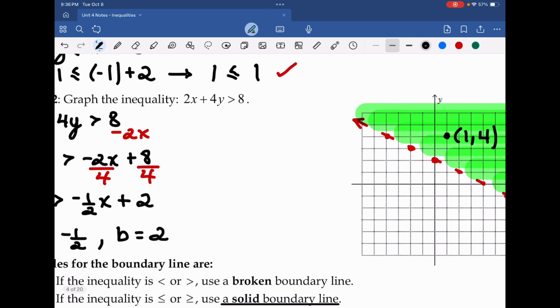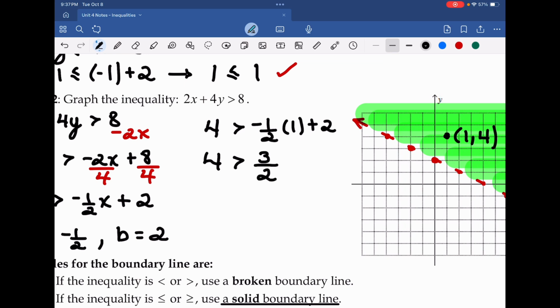I know 4 is greater than negative 1/2 times 1 plus 2. Negative 1/2 times 1 is just negative 1/2. Negative 1/2 plus 2 gives us positive 3 over 2. And 3 over 2 is, in this case, yes, less than 4.